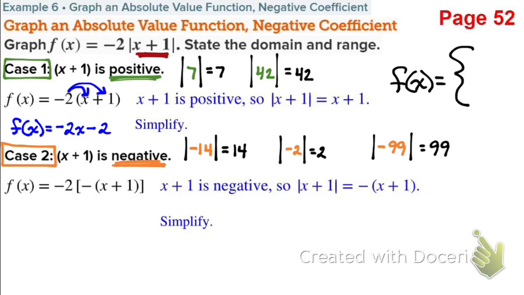-14 times something, -2 times something, -99 times something, and get those values? What can I times -14 by to get a positive 14? -14 times -1 would give me a positive 14.